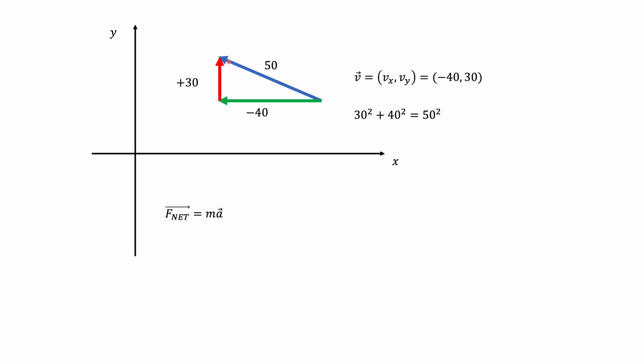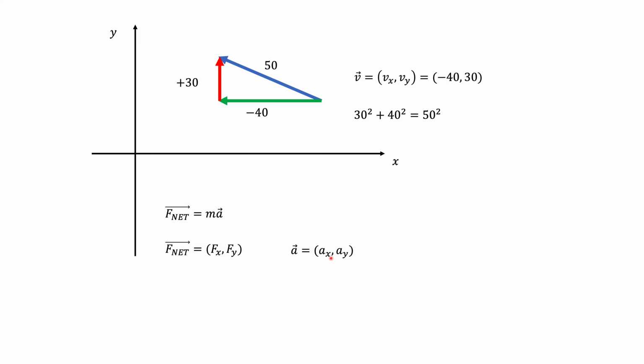So now, let's consider Newton's second law that says the net force, or sum of all the forces, equals mass times acceleration. The way we need to understand this is first by splitting both force and acceleration into two components. Force has components along the x direction and y direction.